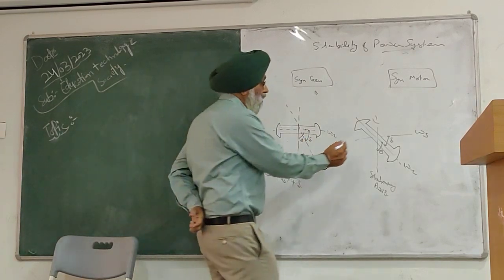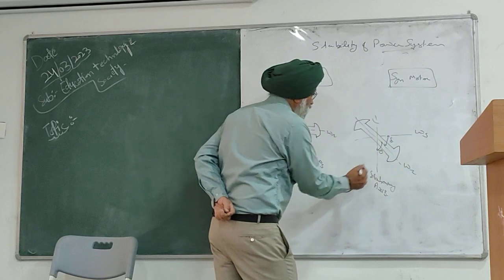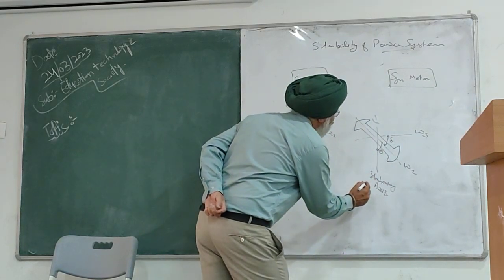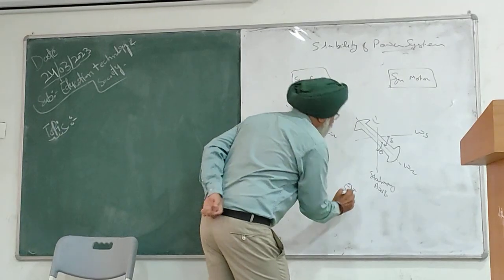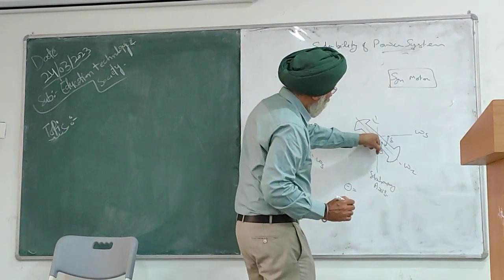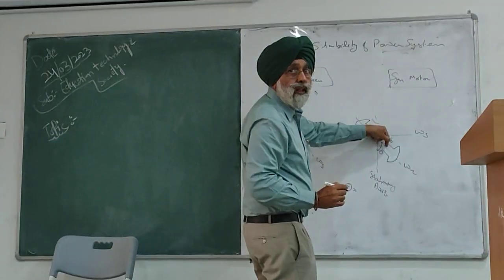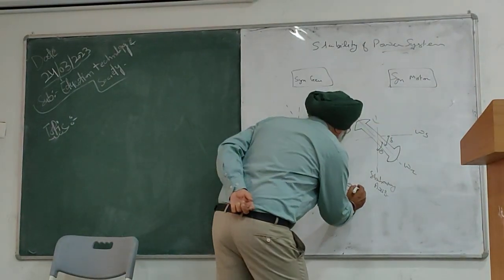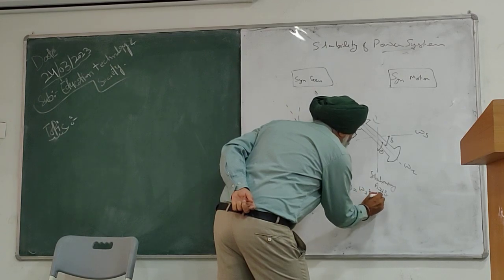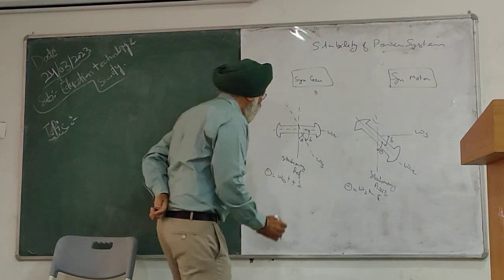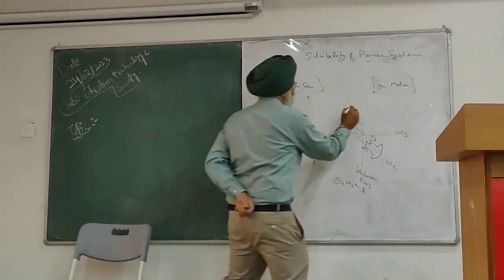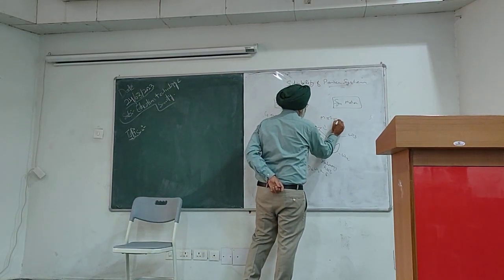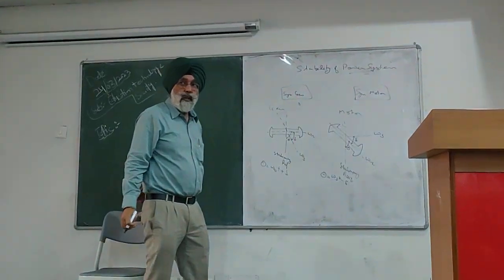Here theta is equal to this angle minus this delta, so theta is equal to omega s t minus delta. This is the case of the motor, and the earlier one is the case of the generator.